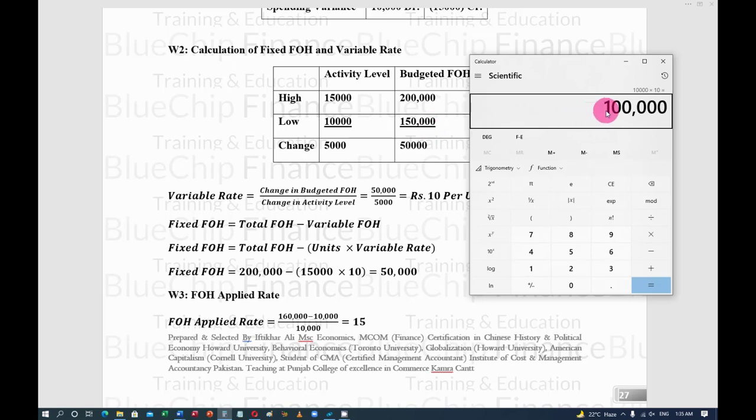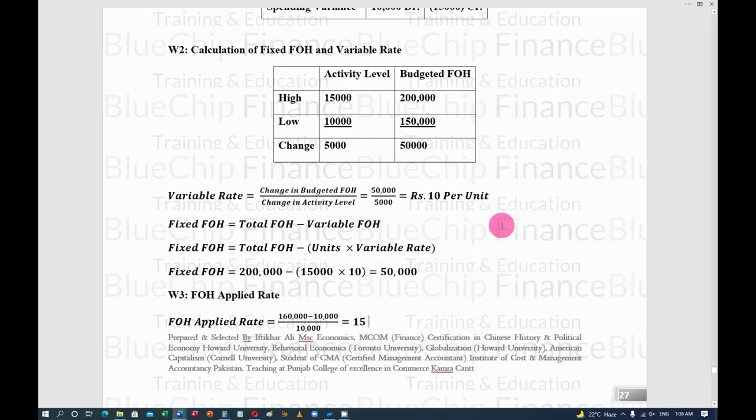So your fixed FOH should equal 50,000, which we already calculated here. So 50,000 divided by 10,000 equals 5. So the variable rate is 10, the fixed rate is 5, and the total FOH applied rate is 15.